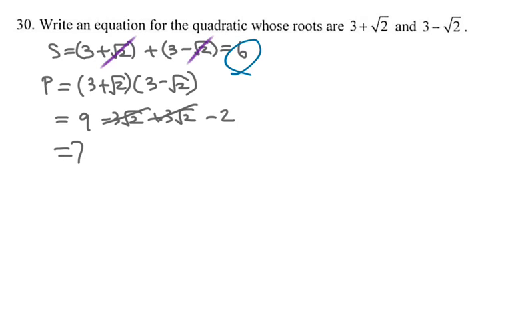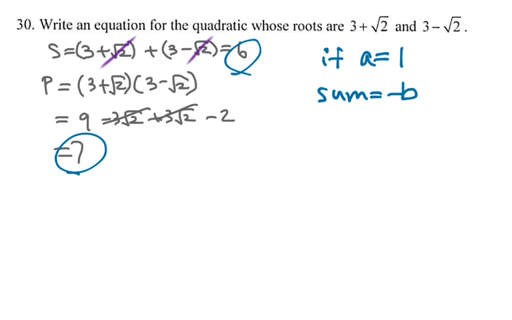Now, how do these two numbers help? Because remember sum and the product of the root, sum was negative b over a, and product was c over a. So if we say a is equal to 1, because we could have multiple different ways of writing it, if a is equal to 1, then sum simply becomes negative b.